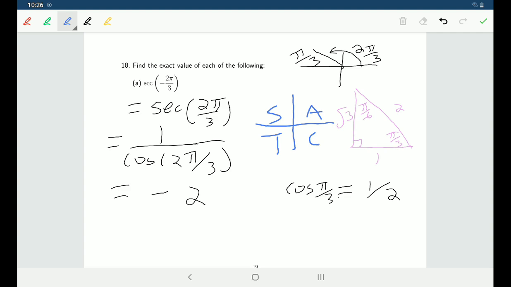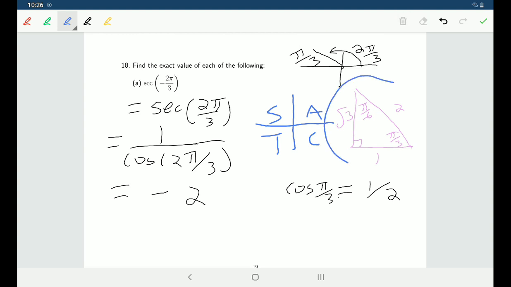So next move, I'm going to think about the fact that instead of finding secant, I'll find cosine, because secant is just the reciprocal of cosine. So basically now my plan is find cosine of 2 pi over 3. I draw my angle 2 pi over 3, and that's in quadrant 2, reference angle pi over 3.